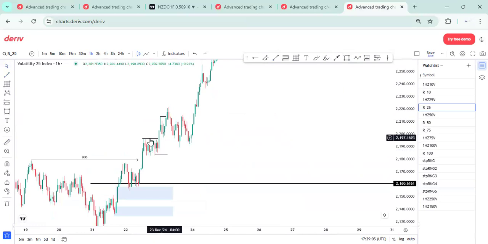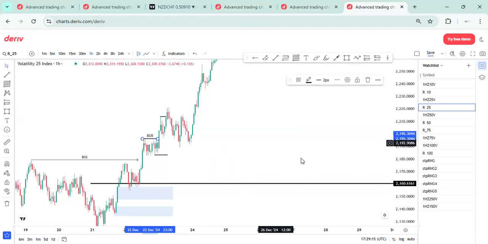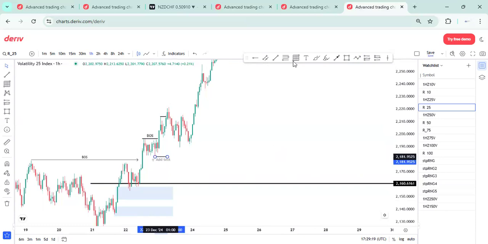We label this as our range high, put it on top. Now from our range high to our range low, we are going to use our premium and discount tool.